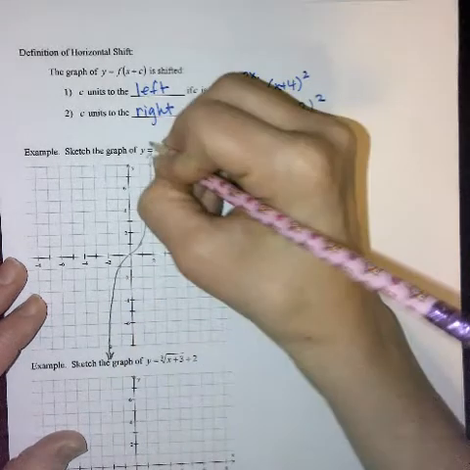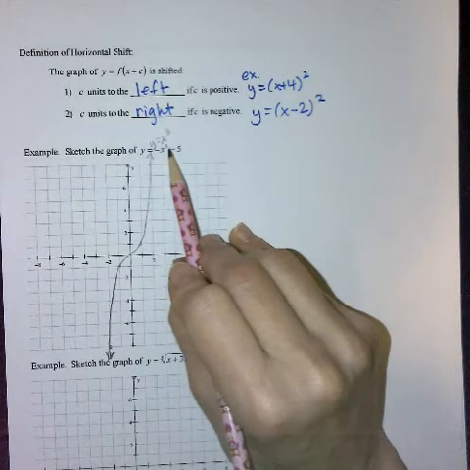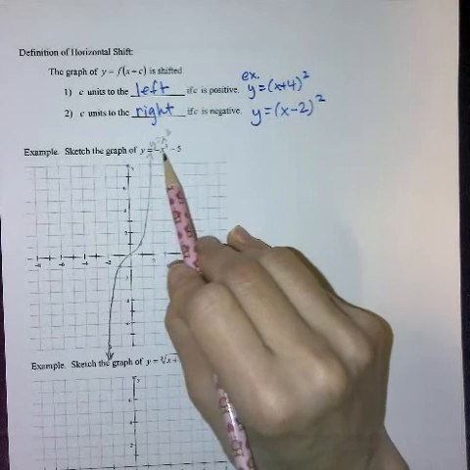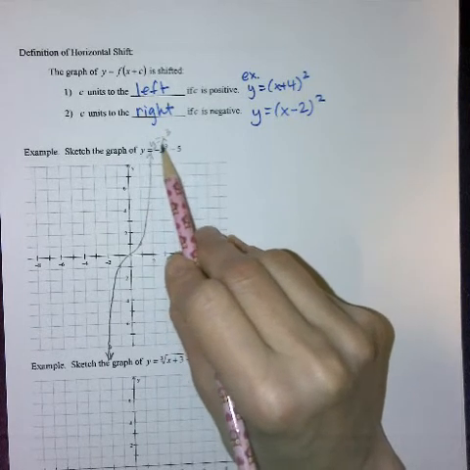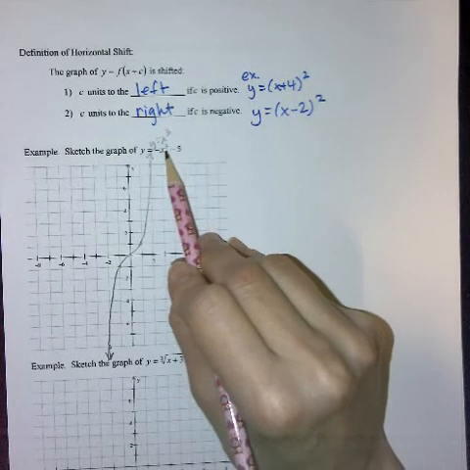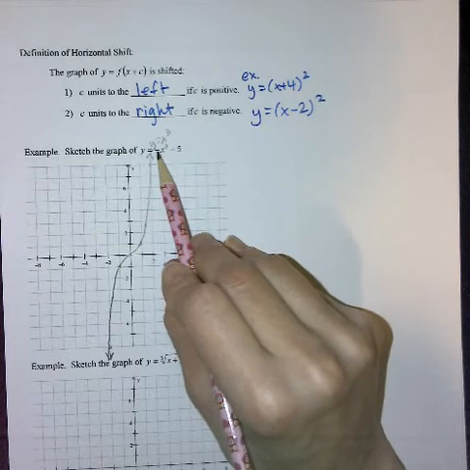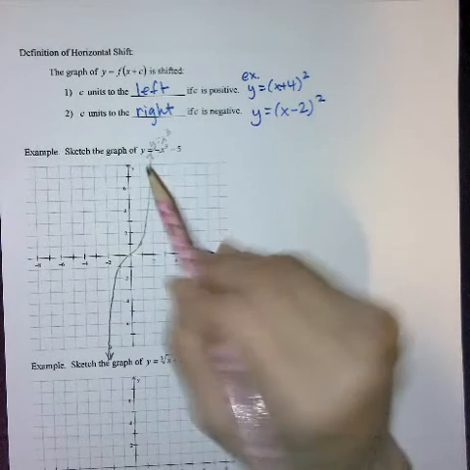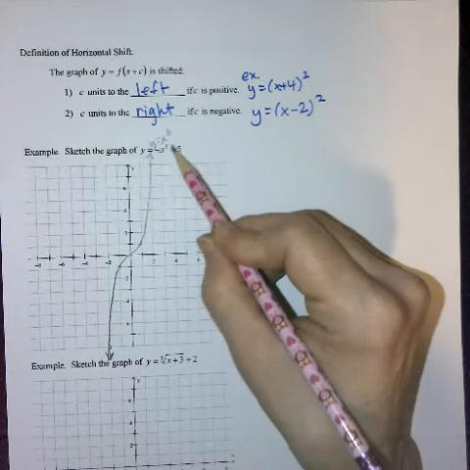And then I always start from the inside of the operation and work your way out. There's nothing happening inside this operation. So the next thing we would do is look at this negative and ask ourselves, what's that going to do? And that's going to reflect it through the x-axis. And then the last thing is going to be this vertical shift, and that's going to shift it down 5.